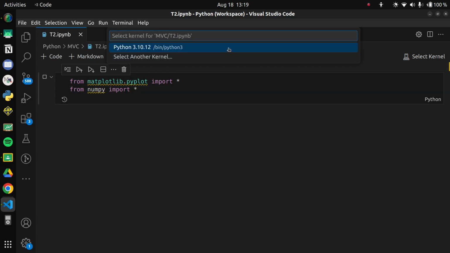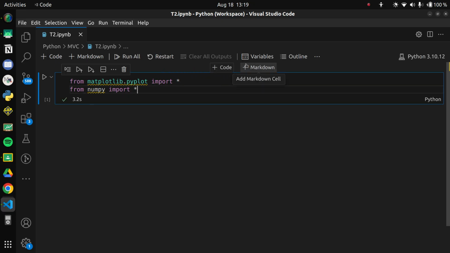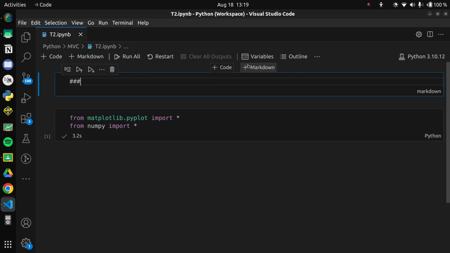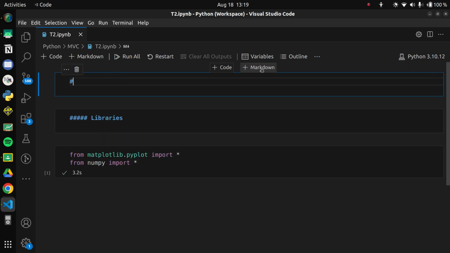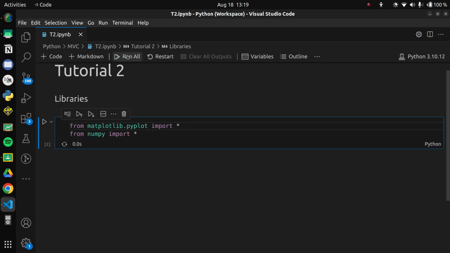First, let's run this. Okay, now let's just get started. So this is just libraries. This will be just tutorial 2. Yeah, I guess I'll just run that again.